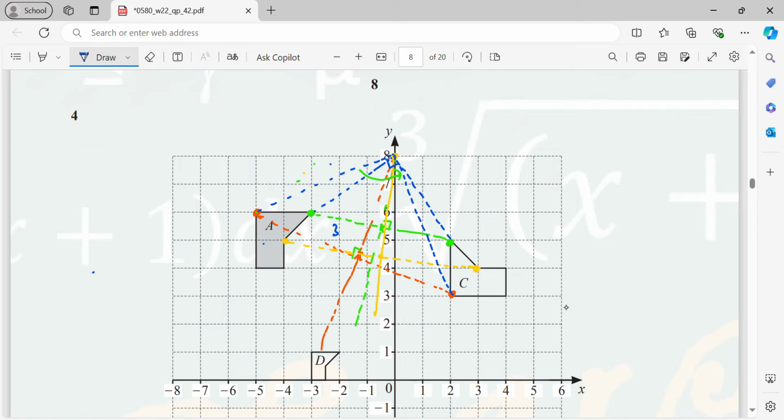You have to join the corresponding points and get the midpoint. After that, draw the straight line perpendicular to the original line, the green line here, and see the intersection of all the other perpendicular bisectors. So this is how we get the center of rotation.